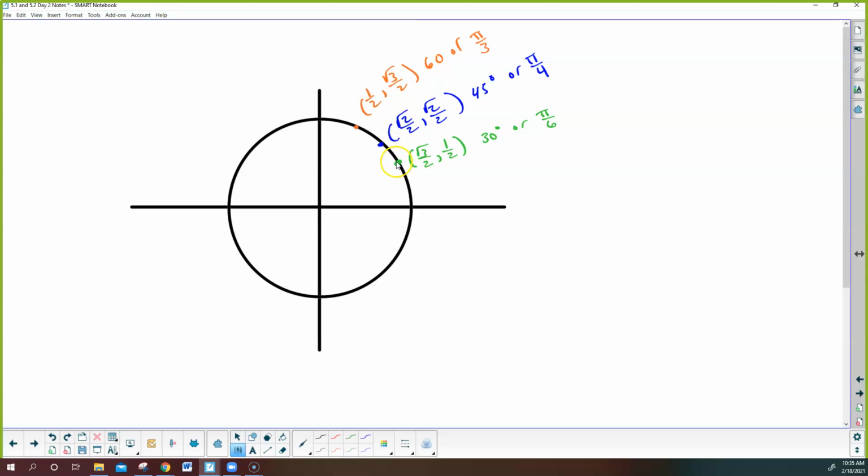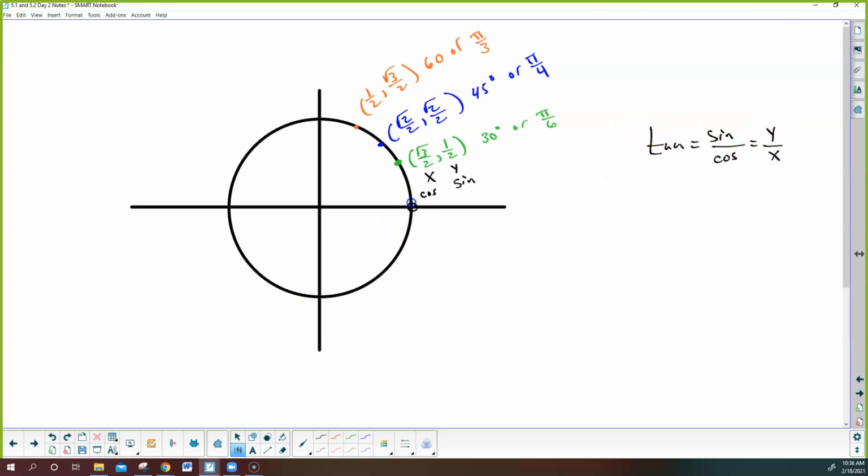So you need to have those items memorized. You also need to know that the x value is cosine, and the y value is sine. But then you also need to think about, well, tangent is sine over cosine, or as we talked about it, y over x.